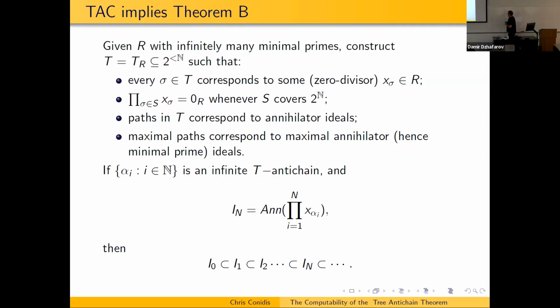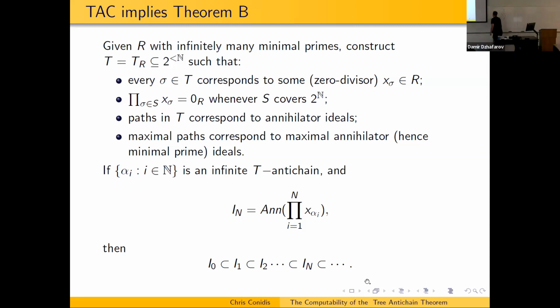So if you have an infinite antichain in the tree like this, if we take this node, and this node, and this node, and this node, say sigma 1, 2, 3, sigma 4, we start multiplying the corresponding indeterminates together.